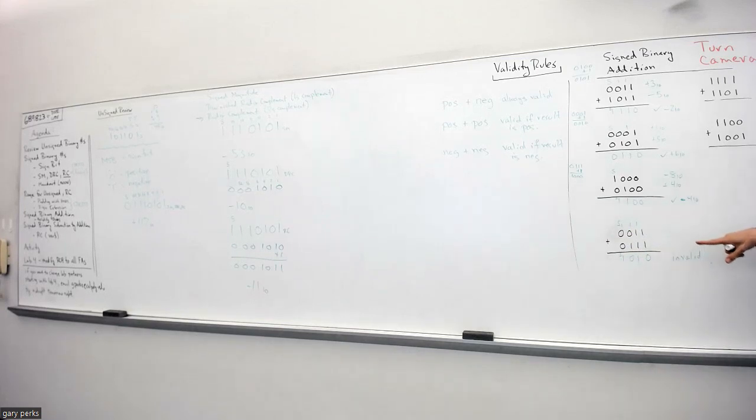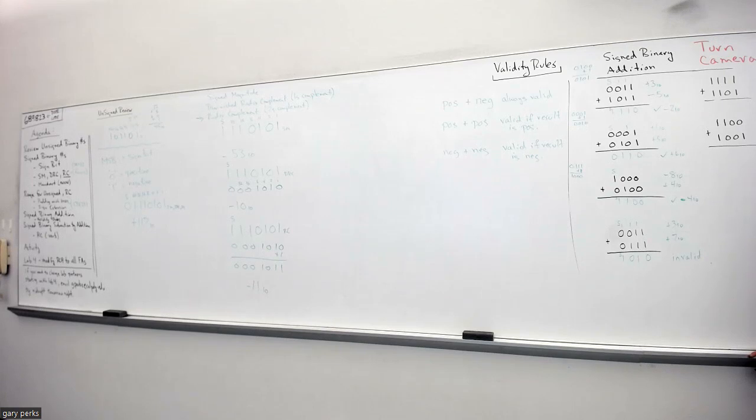Now, what is this number in base 10? 3. That's a plus 3. What is this number in base 10? Plus 7. Plus 3 plus 7, as you know, is 10, right? Plus 10. Can I represent plus 10 if I have 4 bits for my 2's complement?